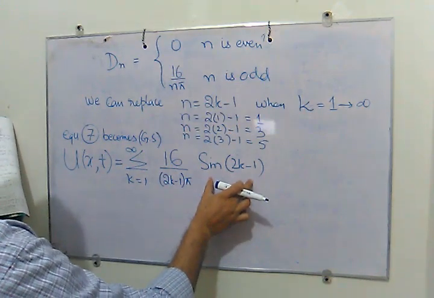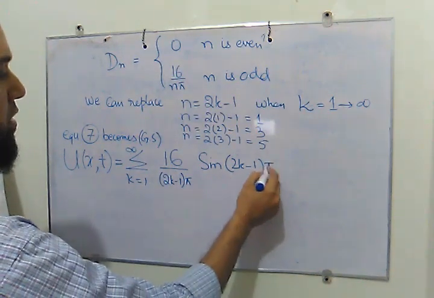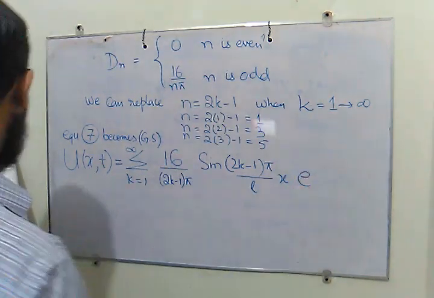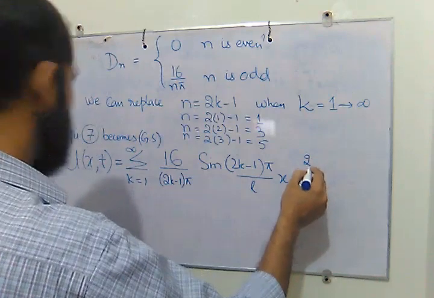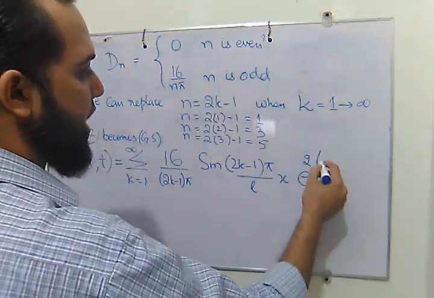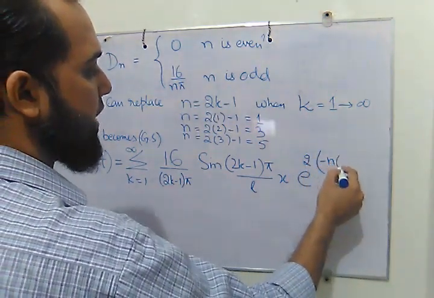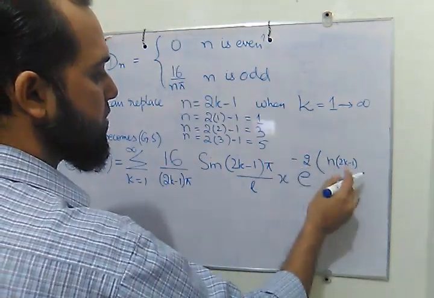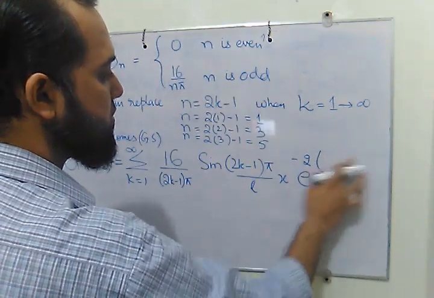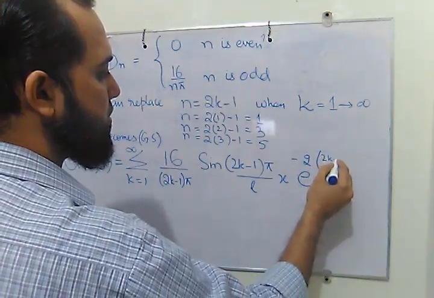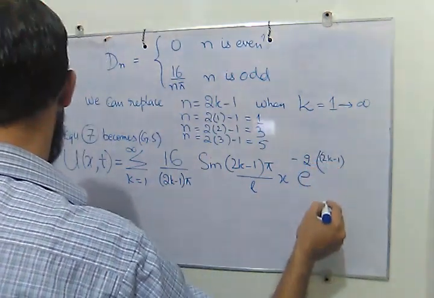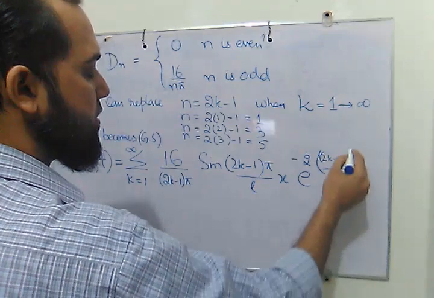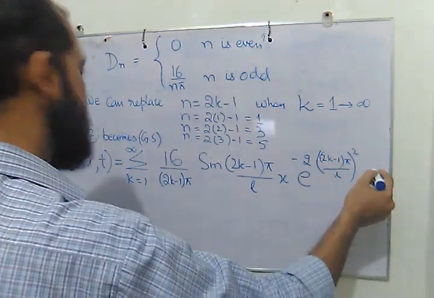We had the sine term 2k minus 1 pi upon L x, and we have the exponential term in which we have replaced n with 2k minus 1, pi upon L squared and t.